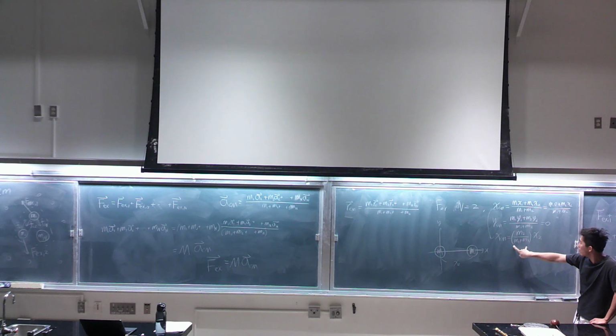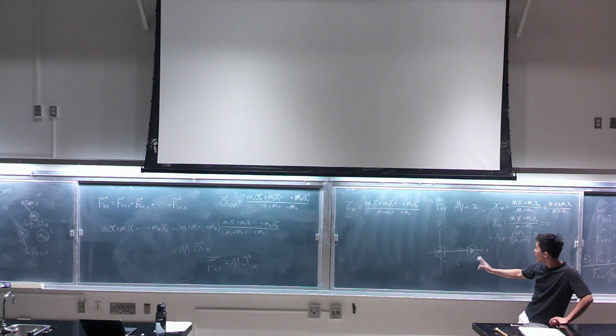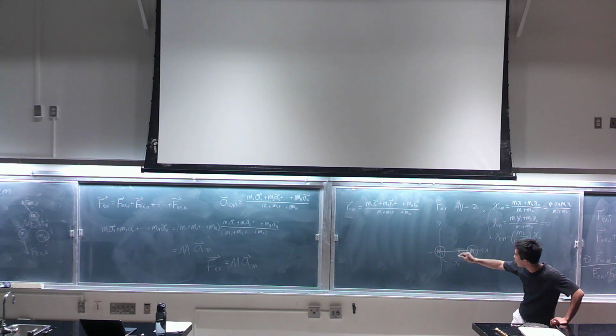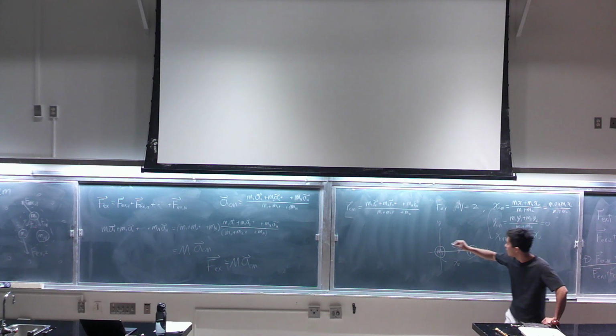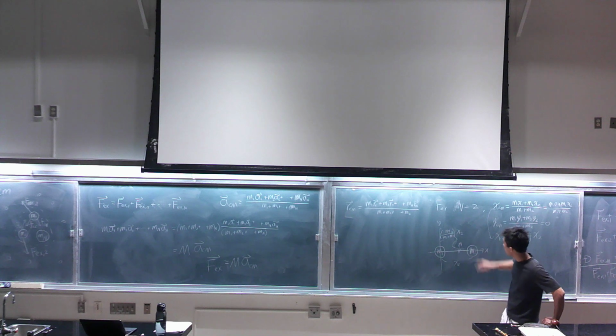Smaller than 1, right? The denominator is always bigger than the numerator, so it is something like 1 over 2 or something. So we know the x position of the center of mass will be closer than the x position of the second particle. So this is where the center of mass is. The distance is m2 over m1 plus m2 times x2.